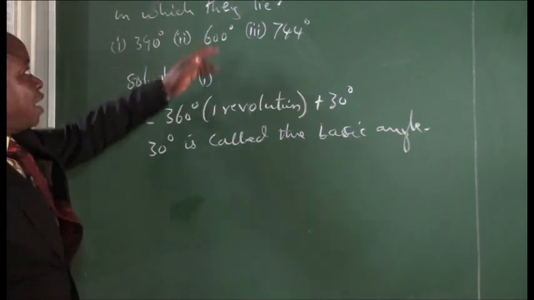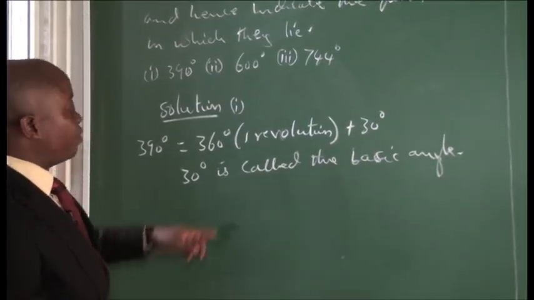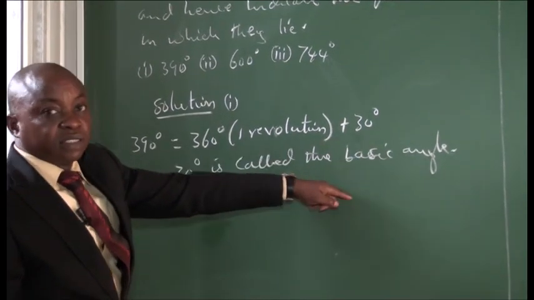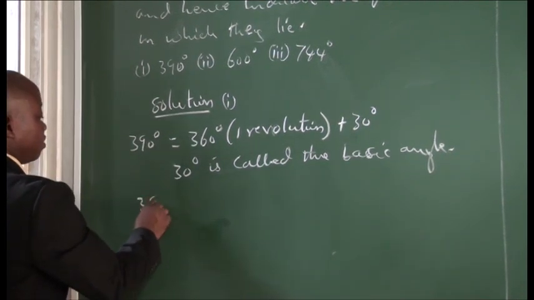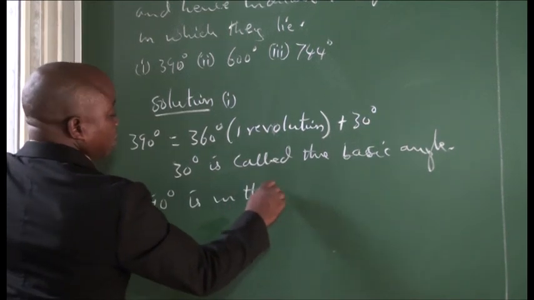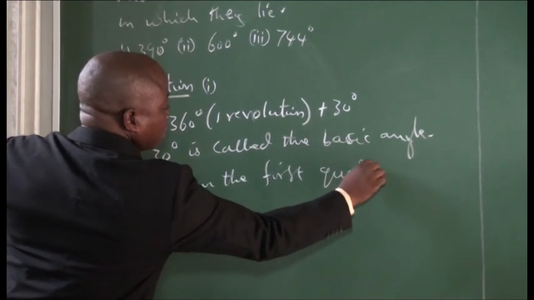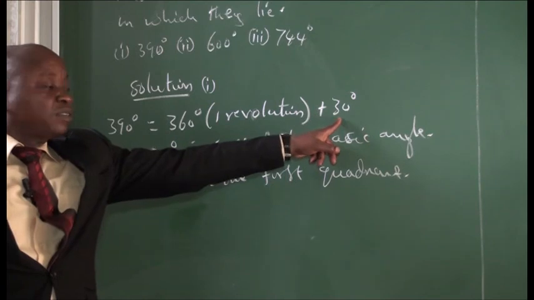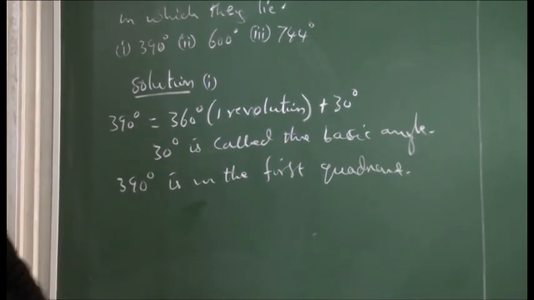We were asked to find the basic angle, so 30 degrees is the basic angle. And in which quadrant does 30 degrees fall? That is the first quadrant. So it implies that 390 degrees is in the first quadrant. Since the basic angle falls in the first quadrant, it means that 390 is also in the first quadrant.